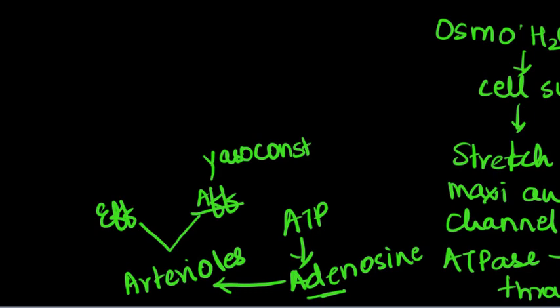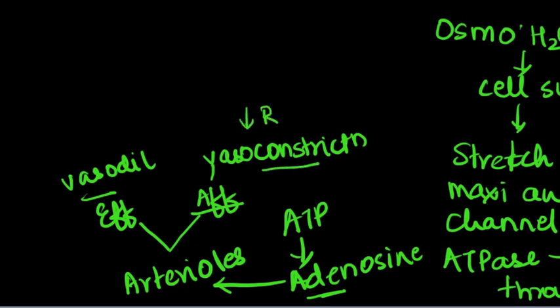and in the efferent arteriole it causes vasodilatation. Because of vasoconstriction, the amount of blood flowing inside the glomerulus is reduced, and vasodilatation will maintain the GFR, because some amount of blood is still remaining in the glomerulus.